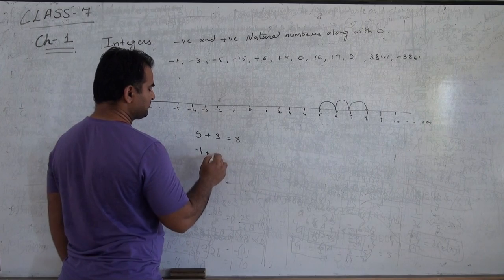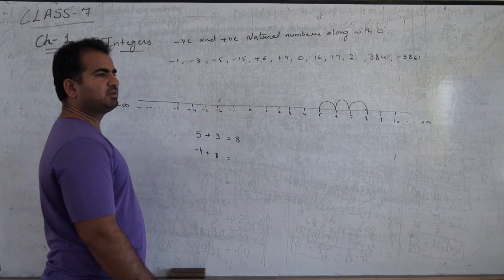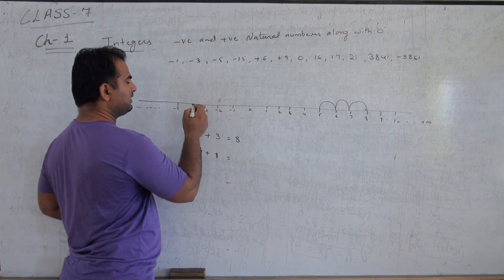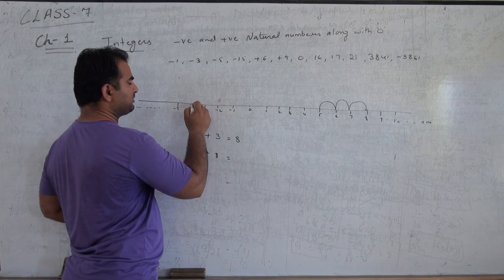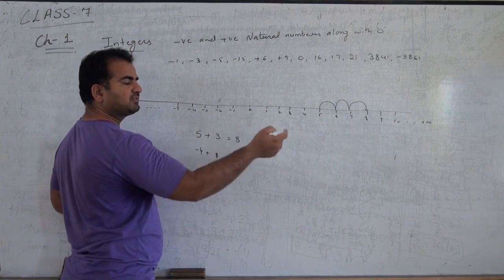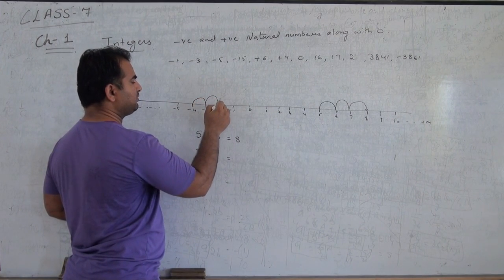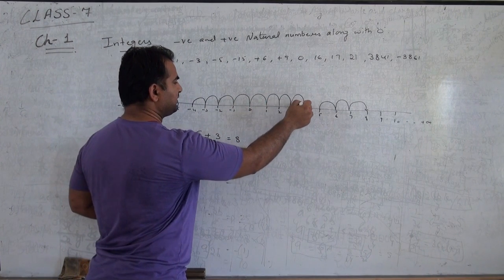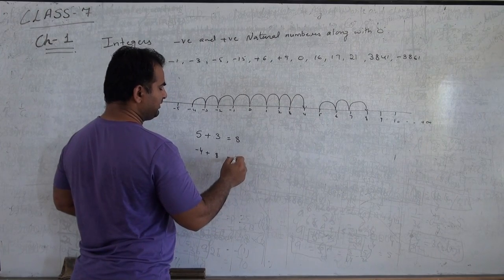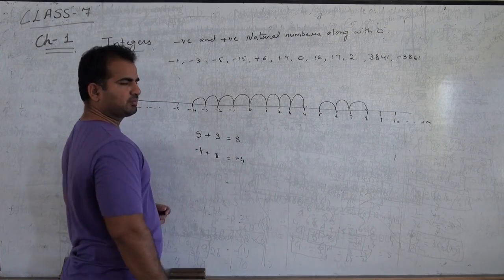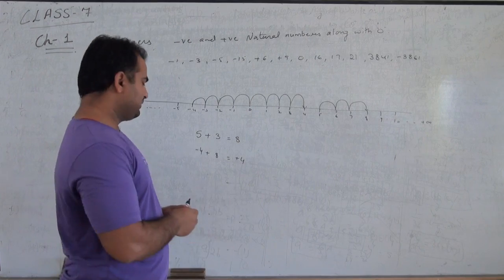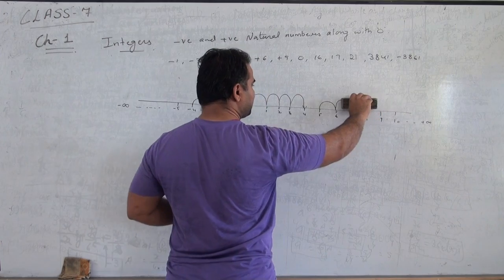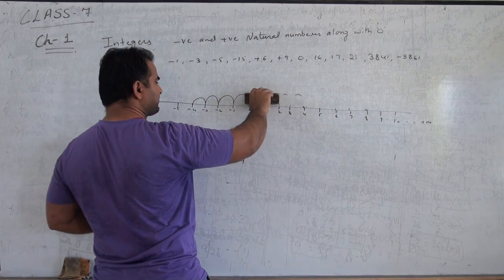We put our pen or pencil on -4 and jump 8 times towards the right hand side. 1, 2, 3, 4, 5, 6, 7 and 8. Our answer will be +4.